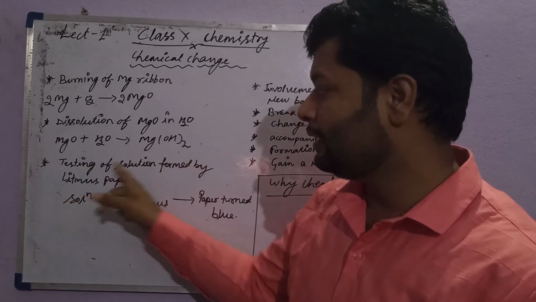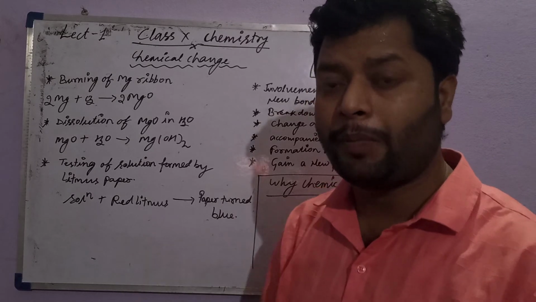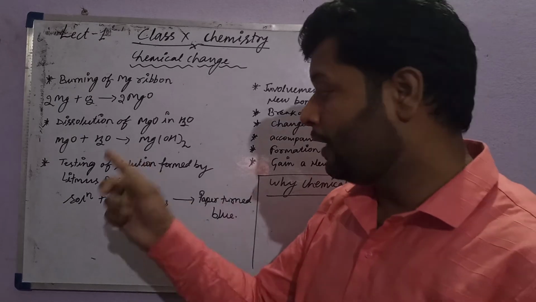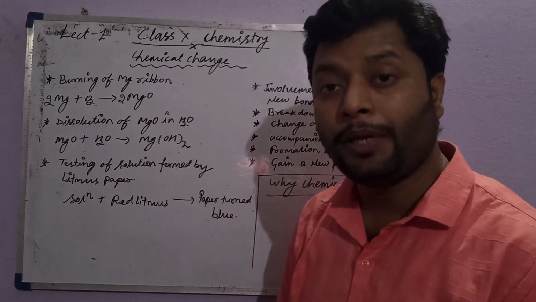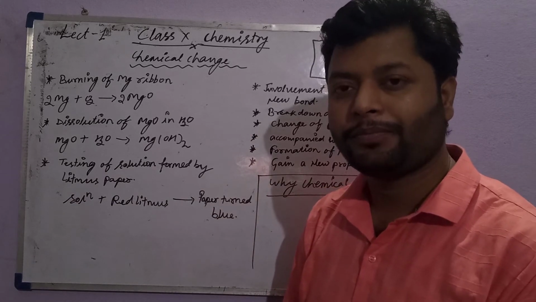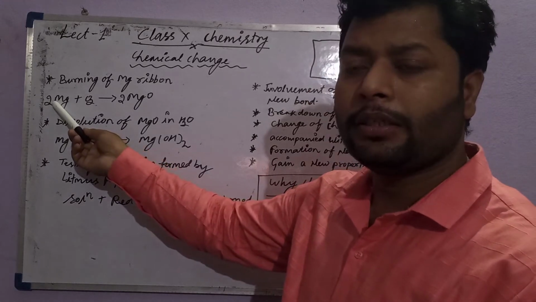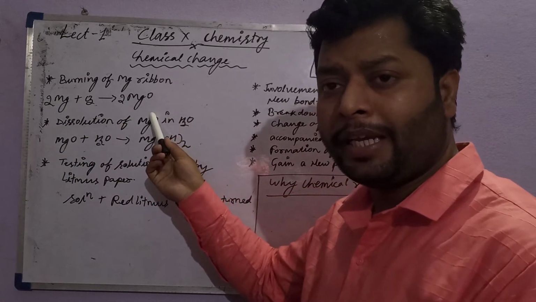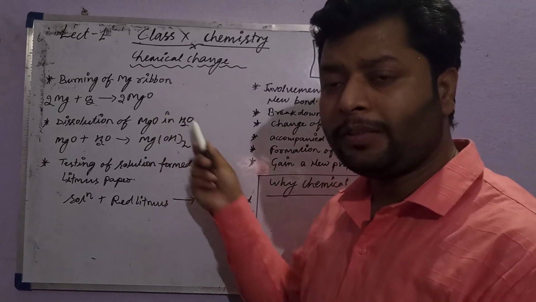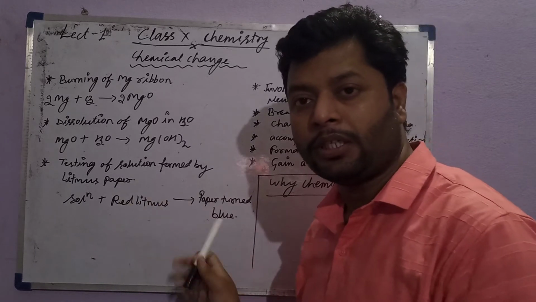When we test the solution with litmus paper, blue and red one by one, there is no change in the blue litmus paper, but the red litmus paper turns blue, indicating the solution is basic. It means the metal after reaction makes a white powder which is basic, making a base with water, because the red litmus paper turned blue.